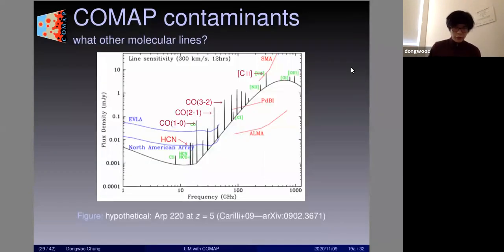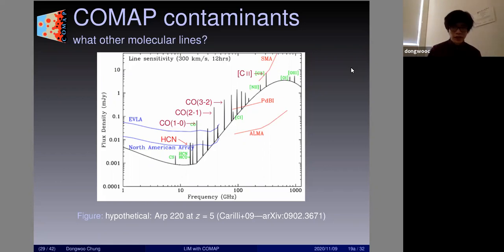To show you what I'm talking about, let me flash back to that centimeter millimeter wave SED, where I was showing the C2 line and the ladder of CO lines. Remember, we're looking for CO 1 to 0 fluctuations. And sitting a bit below CO 1 to 0 in rest frequency is hydrogen cyanide.